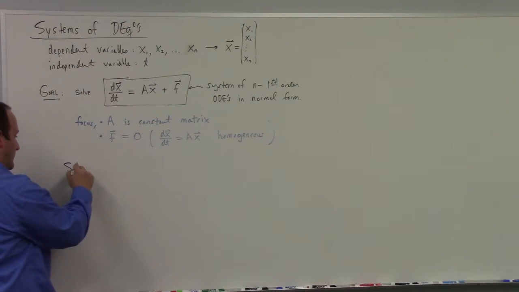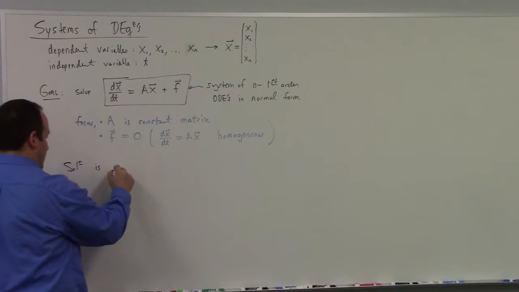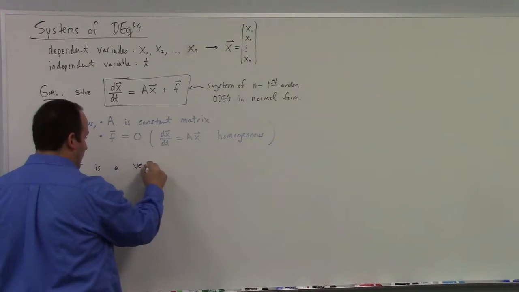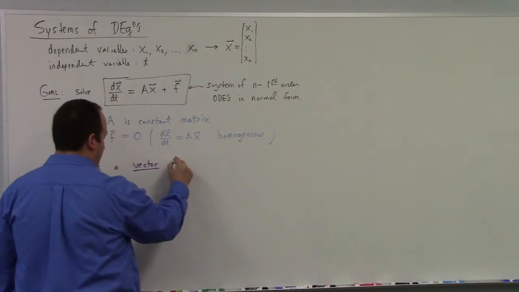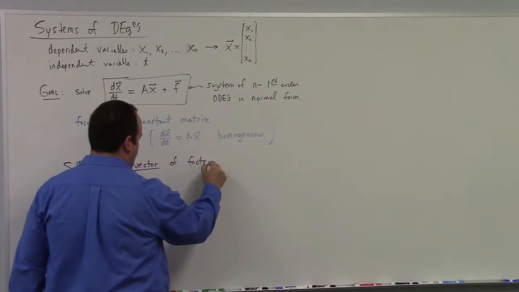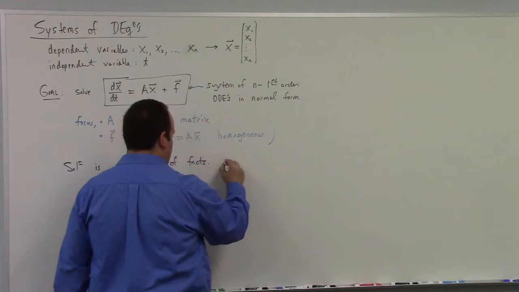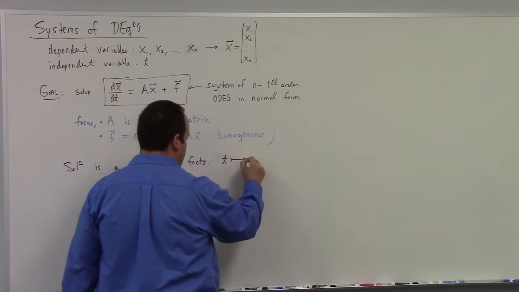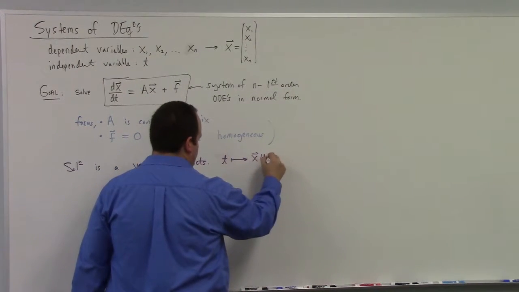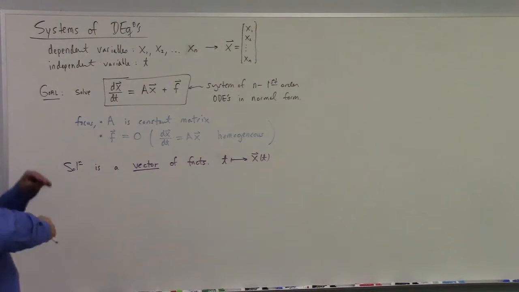What's the solution? It's a vector of functions now. In other words, the map t maps to x of t. This is not just one function, it's n functions that we're looking for that simultaneously solve this system.